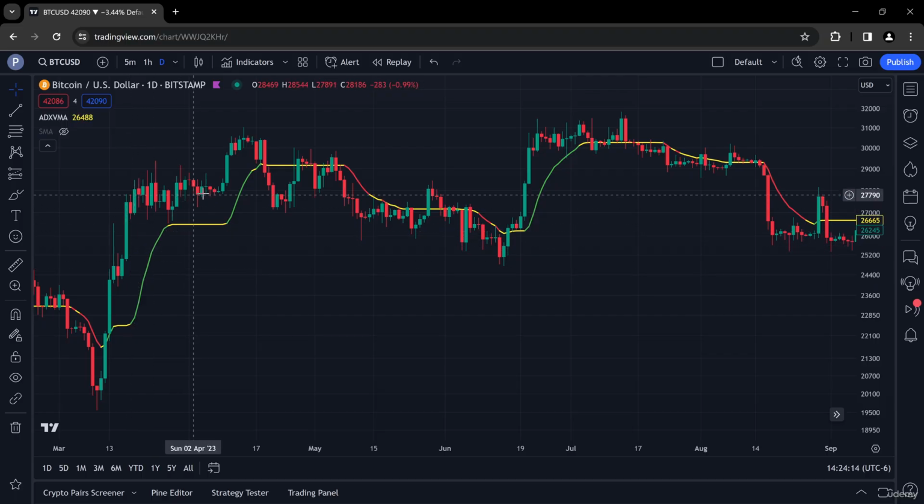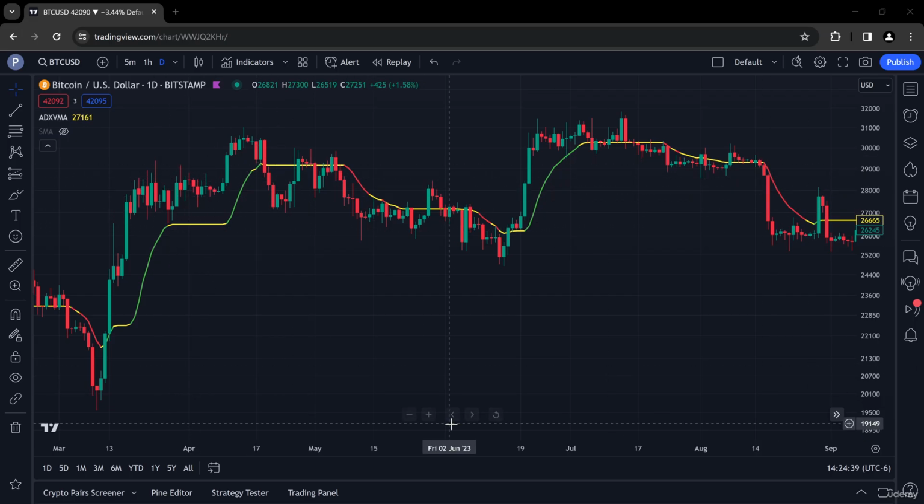When the market is flat, here, then the VMA indicator that is part of the ADX VMA indicator is flat and is not following price closely. It's just going usually flat or less closely following the price movements.